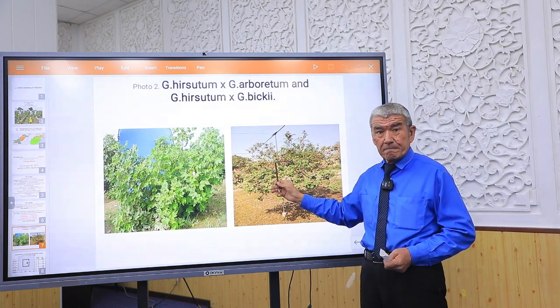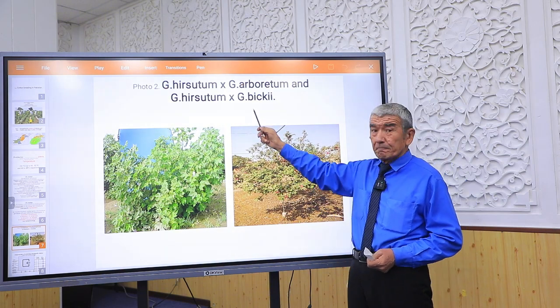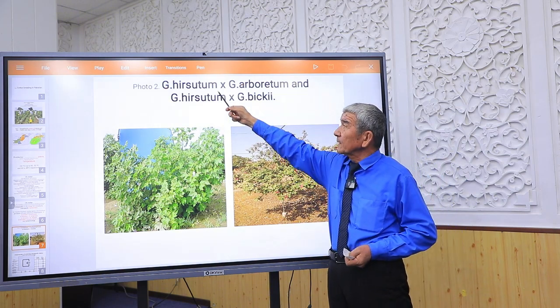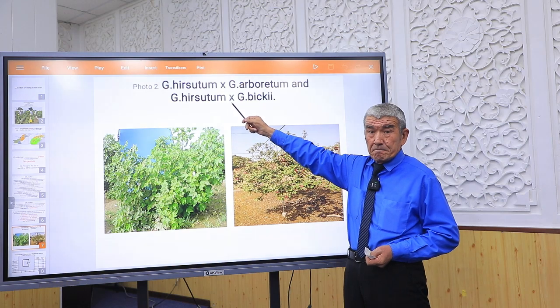From both, scientists transfer into hirsutum varieties.